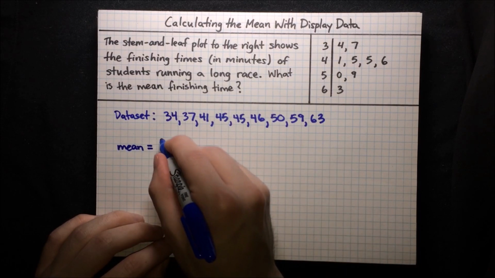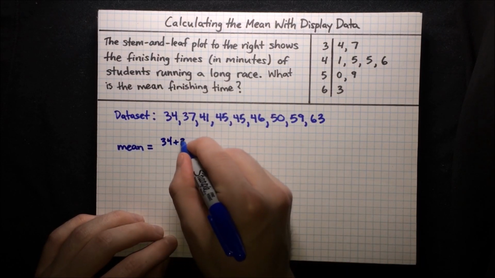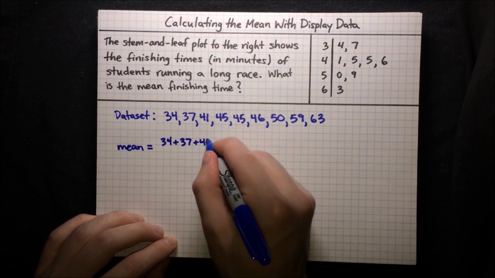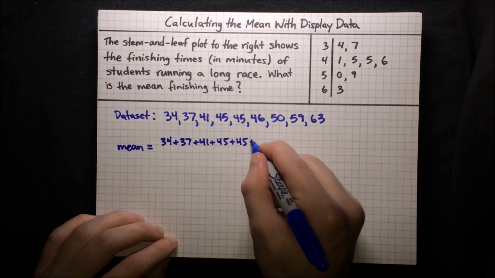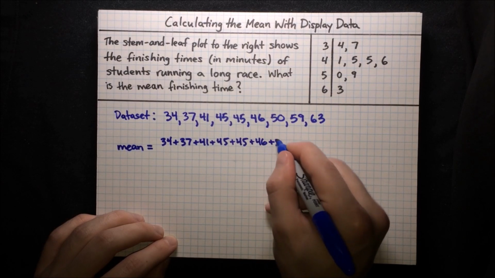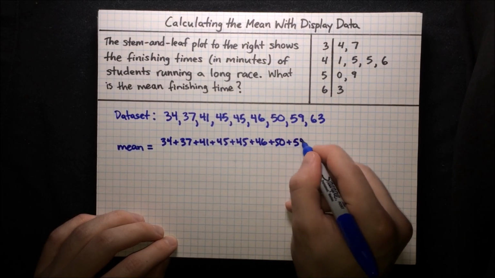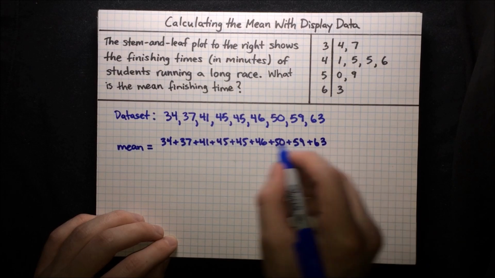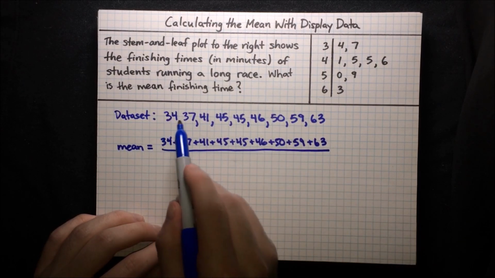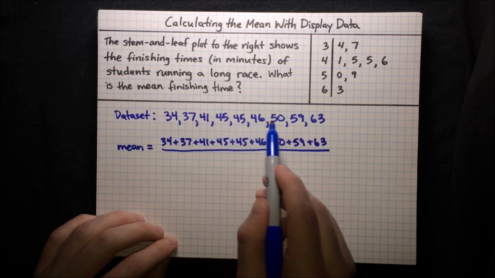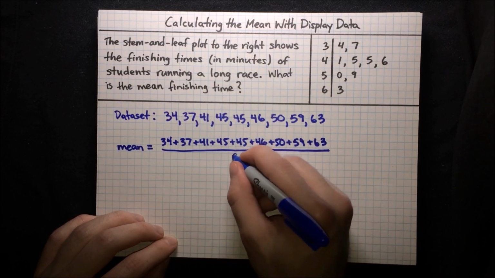So let's add these up. 34 plus 37 plus 41 plus 45 plus 45 plus 46 plus 50 plus 59 plus 63, and divide by the total number of values here. How many? Let's see. 1, 2, 3, 4, 5, 6, 7, 8, 9. 9 values total.